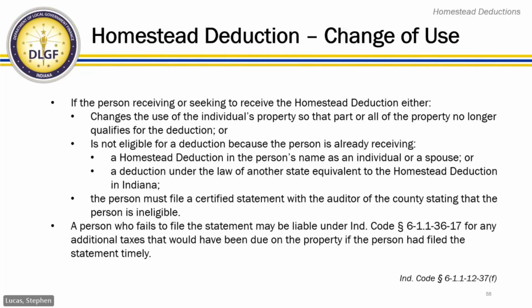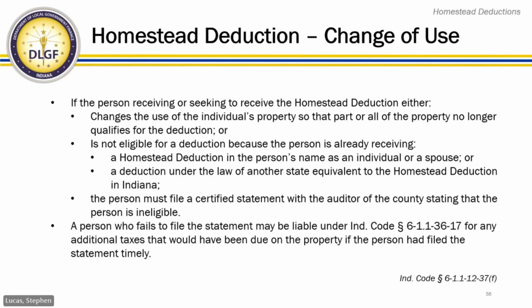Now, if a person changes the use of the homestead or obtains another homestead deduction or equivalent on another property so that it no longer qualifies for the homestead deduction, the person must file the certified statement with the county auditor to that effect. A person who fails to file a statement may be liable under a separate statute for back taxes that would have been due if the statement had been filed timely and the deduction removed.